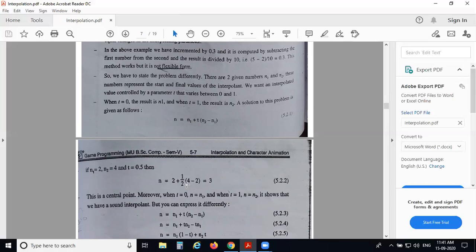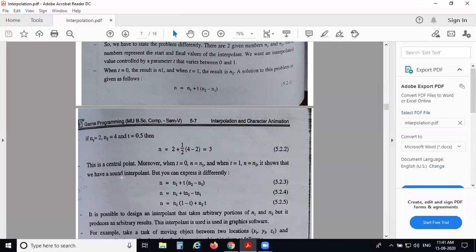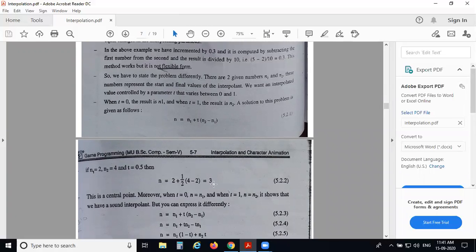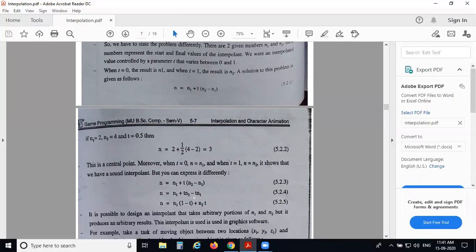Okay, and in bracket value of n2 is 4 minus value of n1 is 2, which is equal to 3. Okay, so this is the central point, म्हणजे याच्यामधून जे आन्सर मिळतं तो नंबर मिडल पॉइंट असणार आहे, पर्टिक्युलर सेरीजचा.